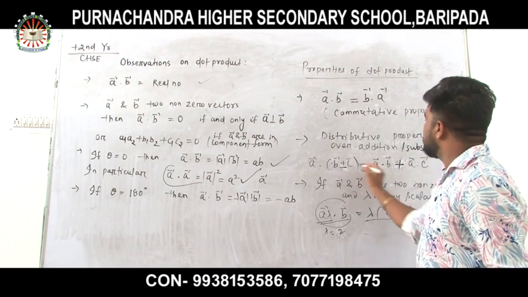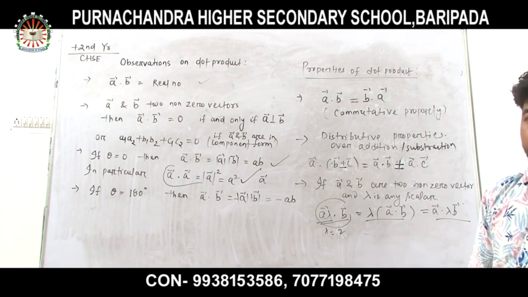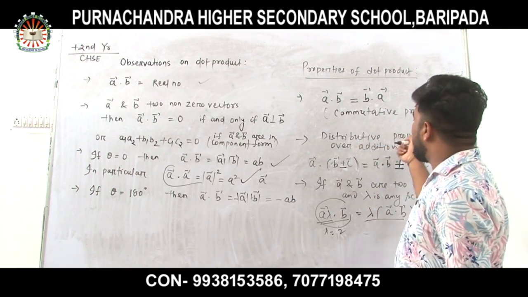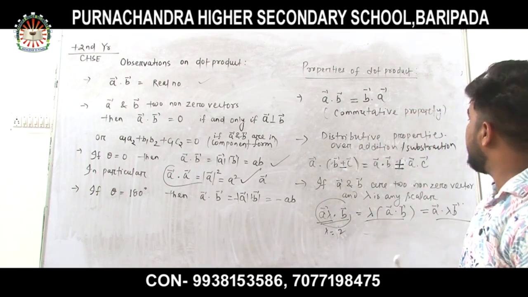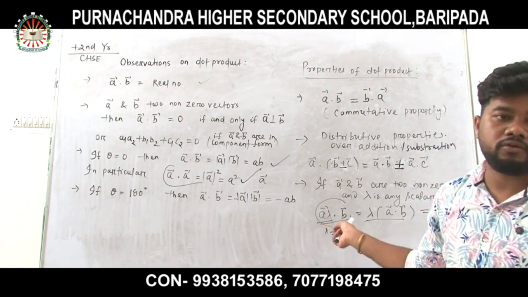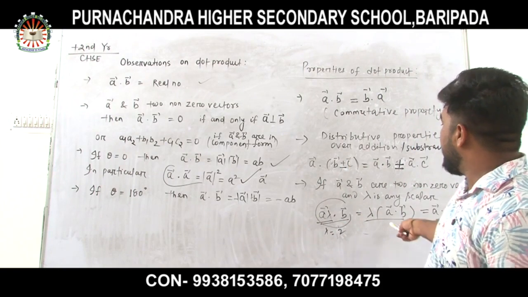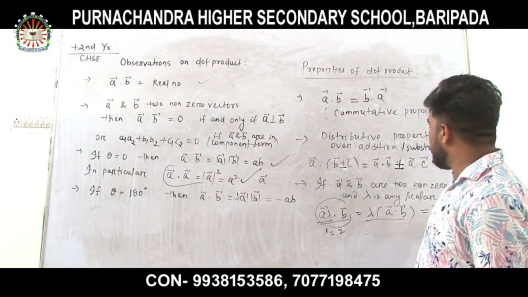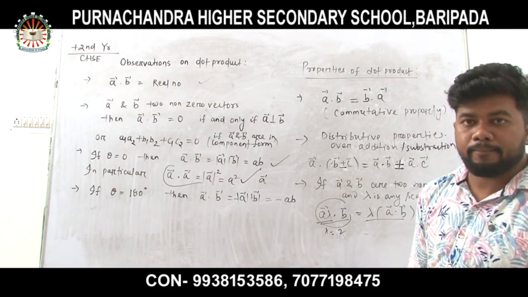And if A, B are non-zero vectors and lambda any scalar, then (lambda A) dot B equals lambda (A dot B) equals A dot (lambda B).